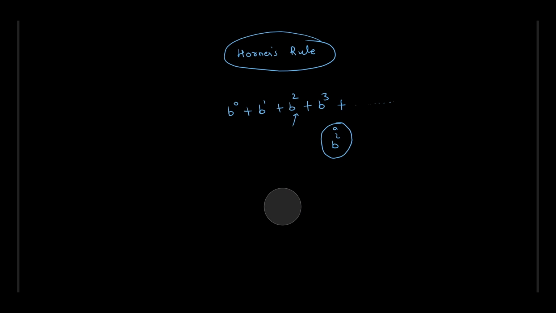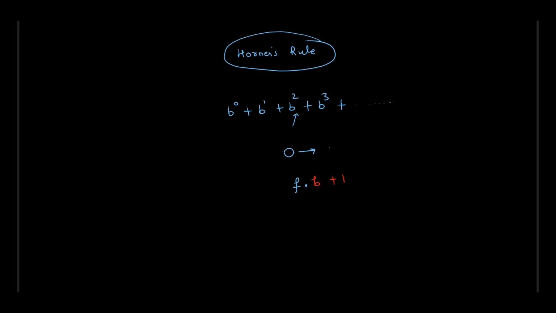So it gives you a very cool idea to compute this expression. You start with 0, and then each time whatever number that you have, suppose that number is f, you just multiply that f by b, and you add 1.